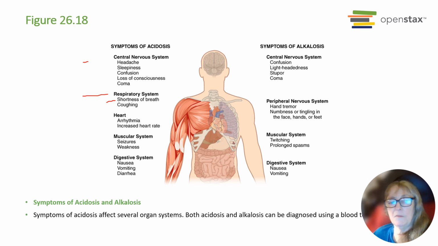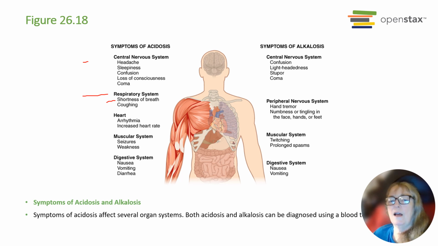I just write dyspnea. Coughing, heart arrhythmia, increased heart rate, seizures, weakness, nausea, vomiting, diarrhea. The vomiting may help if they don't aspirate because they're getting rid of acid.